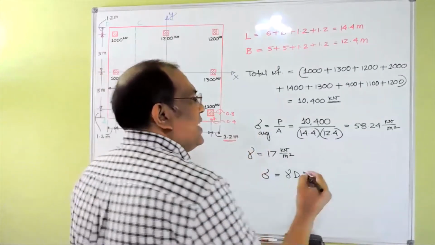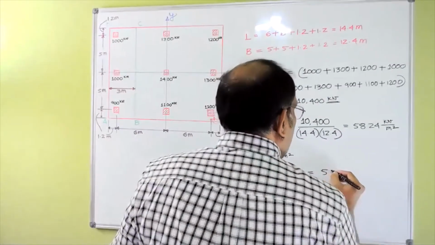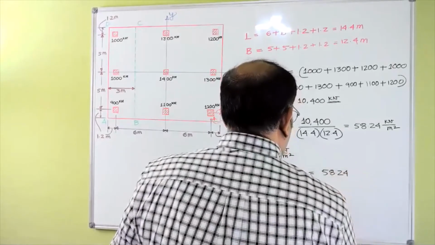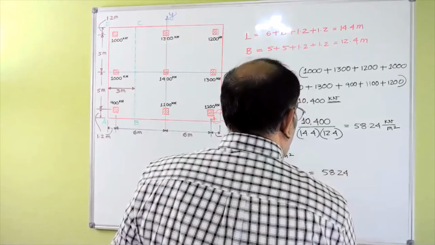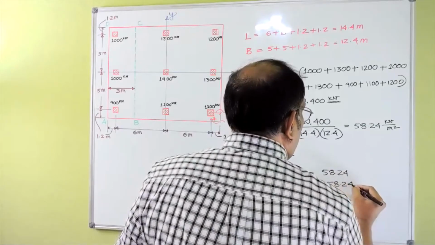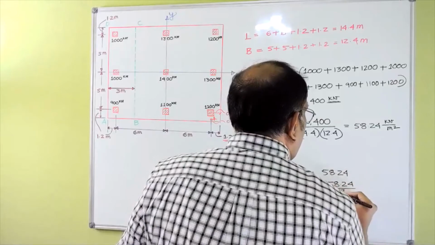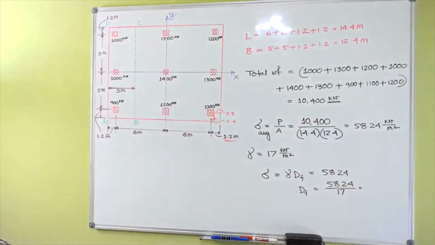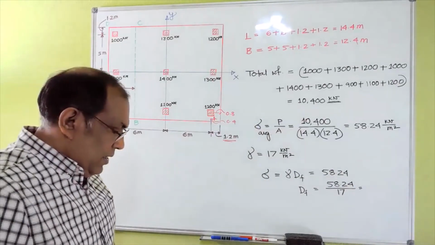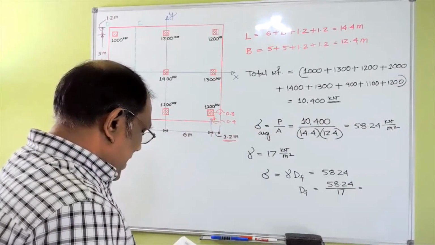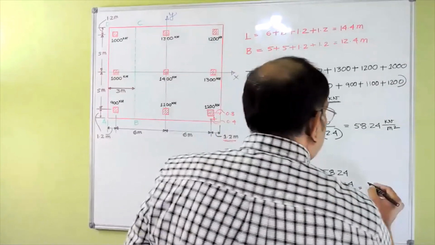So I can just say 58.24. My dF would be equal to 58.24 divided by 17, which is the unit weight of soil. So we get 3.42.